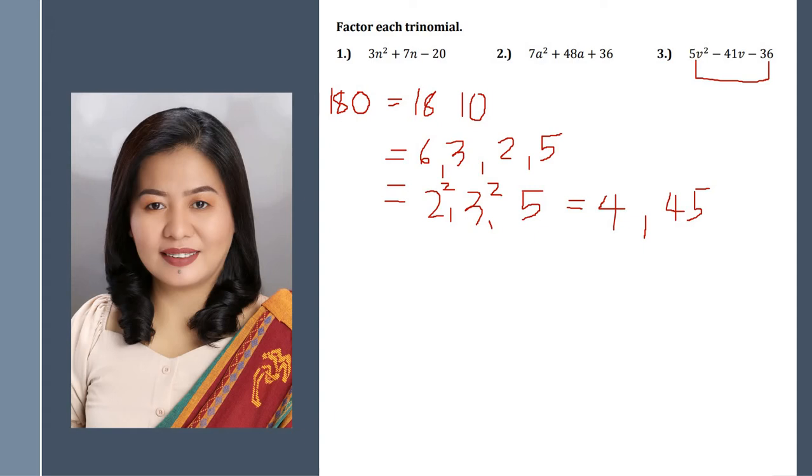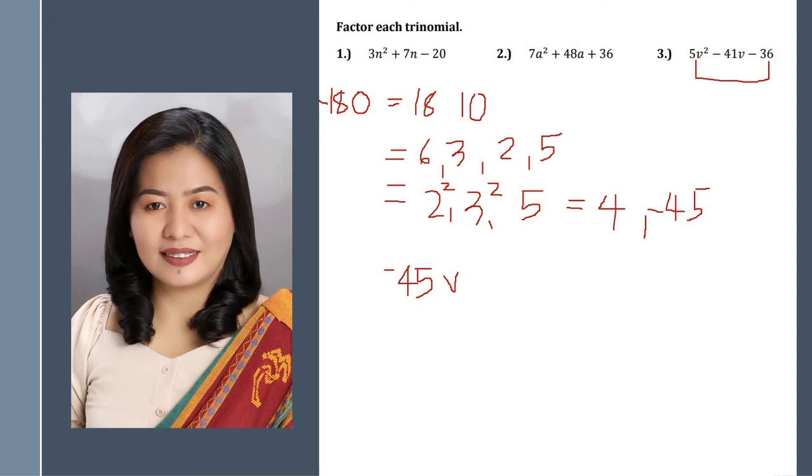So since it's negative, that should be negative 180. So one of the factors here should be negative. Since the middle term is negative, we give it to 45. So that will be negative 45v. If the middle term is negative, give the negative sign to the larger number.